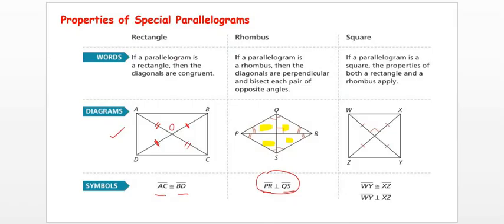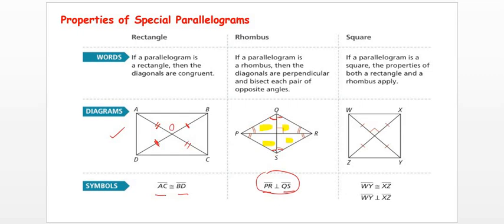Now in this rhombus, the opposite pair of angles get bisected because of these diagonals. So we can say that angle Q is equal to angle S as a whole. But when we draw the diagonal, the angle is cut into two parts, so we get two pairs of congruent angles.